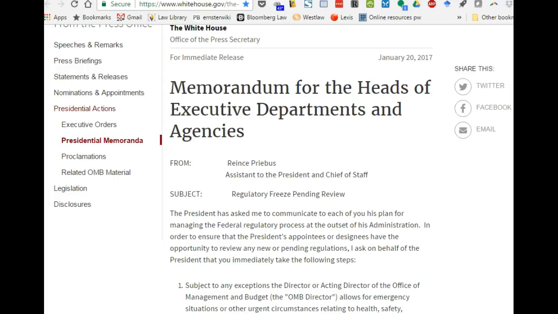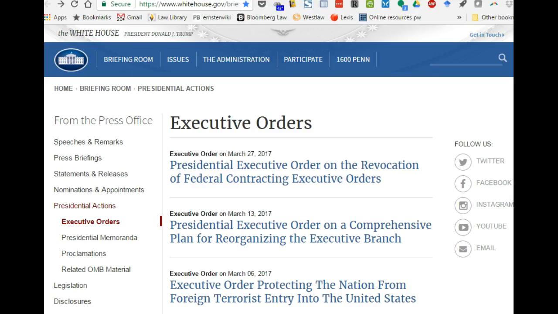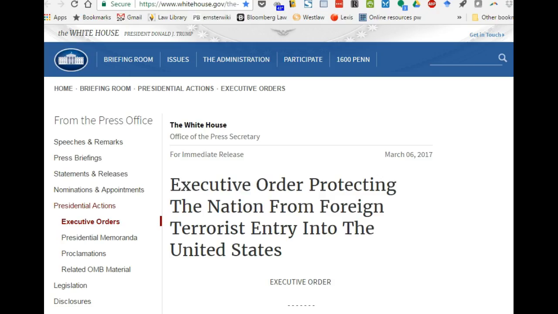Of course, these presidential materials have very practical effect. We've all been reading in the news these days about the executive orders regarding immigration. So here is the more recent one that was issued earlier this month. I'm sure you remember there was one issued toward the end of January, and that one was put on hold by the courts, and now this one has been challenged in the courts and also put on hold.